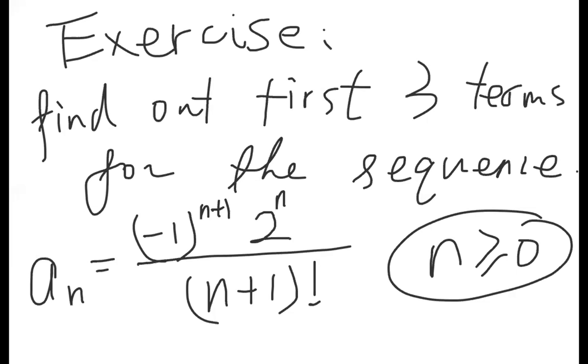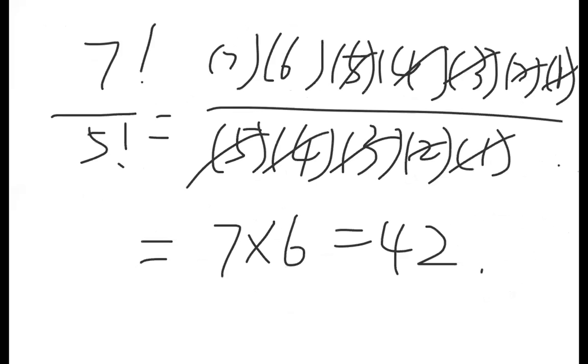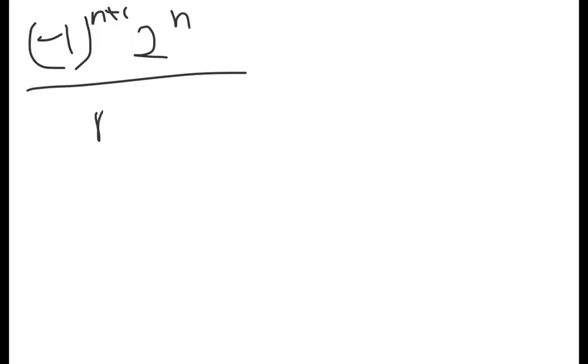Let's go over this. The general term reads -1 to the n plus 1 power, times 2 to the n power, divided by n plus 1 factorial.